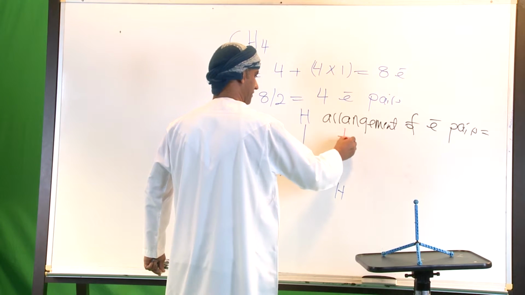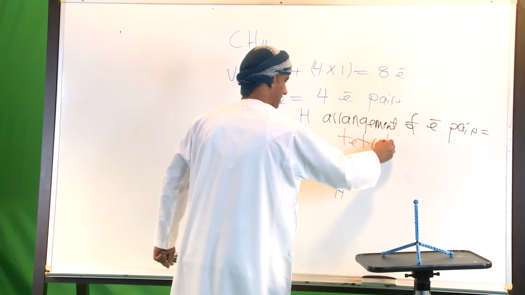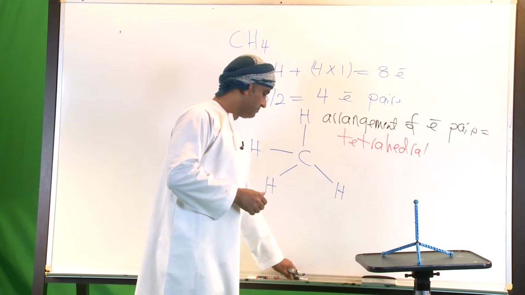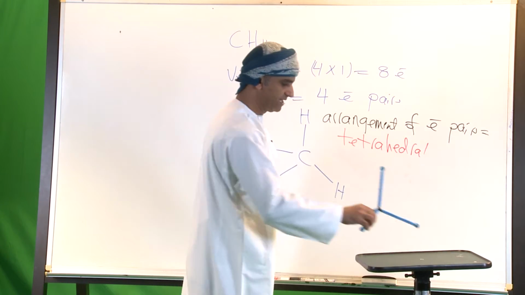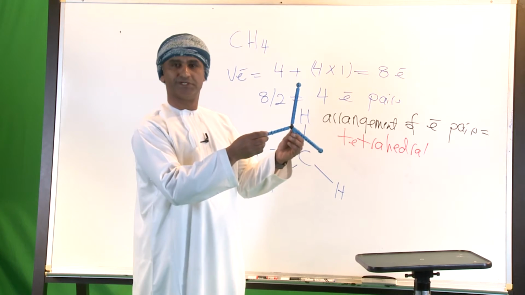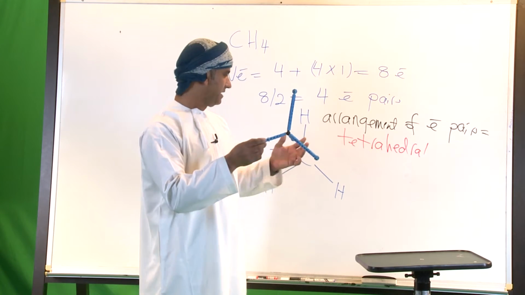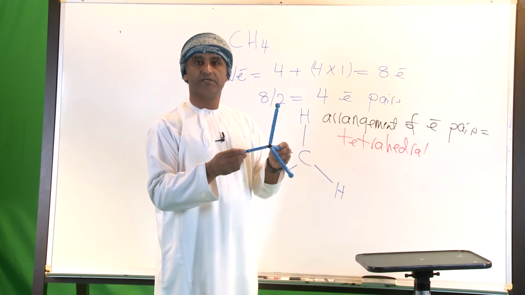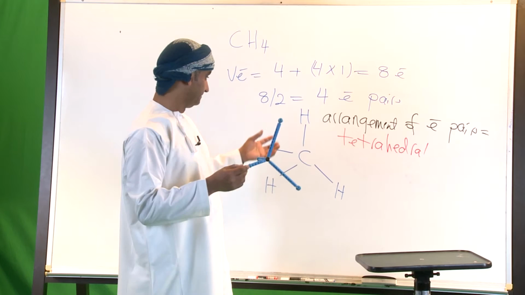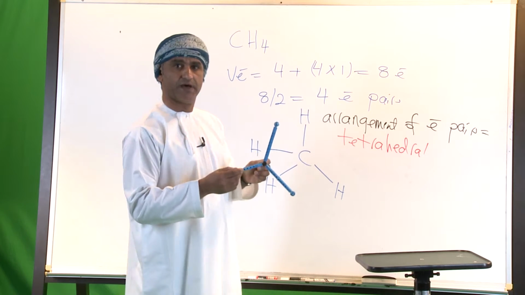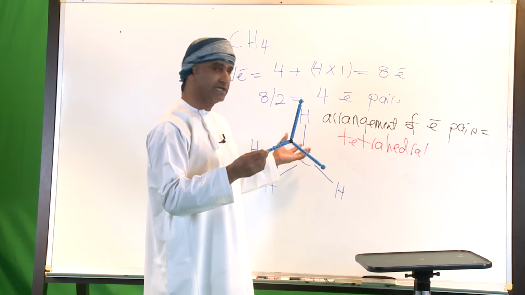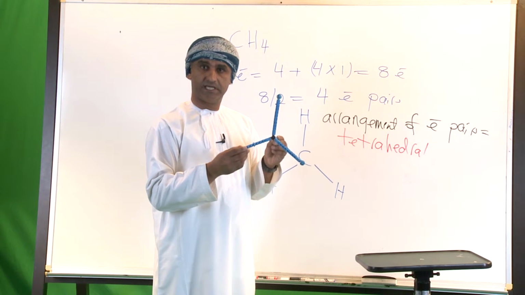So that's the overall arrangement of the electron pairs around the central atom, which is carbon. Tetrahedral geometry looks like that using Darling models. What about the molecular shape? Well, the molecular shape is based on the positions of these atoms, basically carbon and the hydrogen atoms in the molecule. The molecular shape is also tetrahedral.